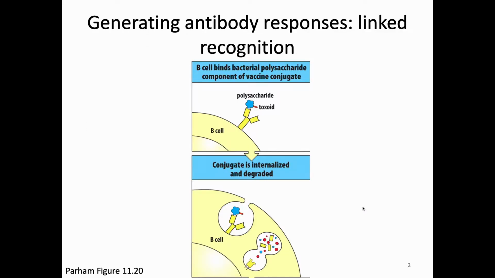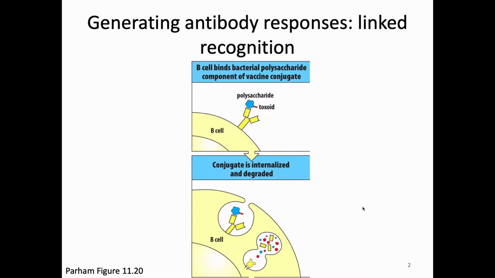And this is one example of this problem. Here you can see something labeled as toxoid. Ignore the label of toxoid. I should have put a little white box over that label. I don't want to deal with the toxoid right now. However, what you can see is that we might have a B cell that might bind to a polysaccharide antigen. And in fact, this is real life.